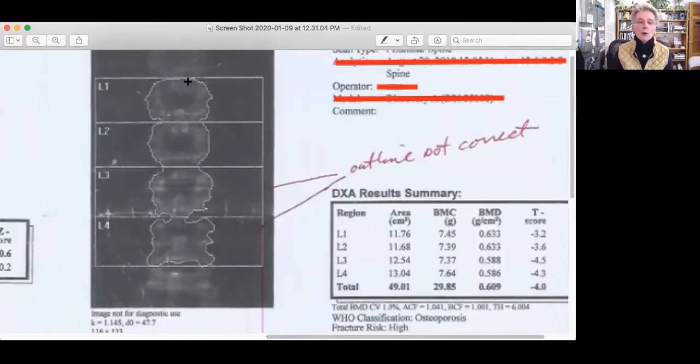So wherever you see the lines, that's the area of the bone that is selected. When you see all these jagged lines like this, the machine itself goes to the area and selects it first. But the technician is supposed to go in and correct some of these lines if they can. So it's just sloppy work is what I would say.